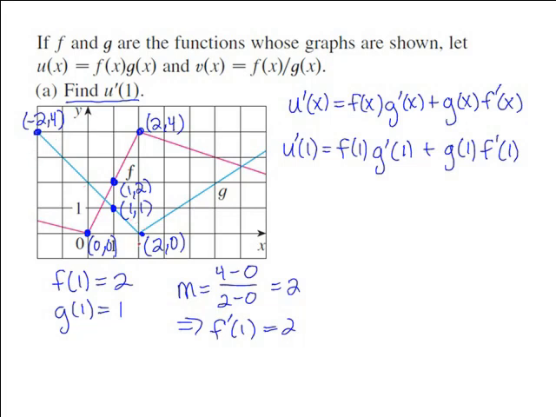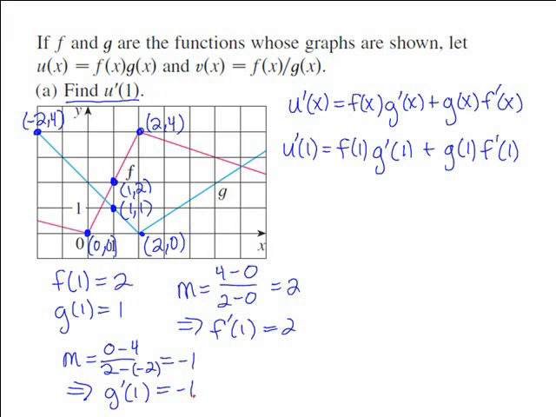The graph of g is simply a straight line there. And so we can say that the slope for g will be equal to 0 minus 4 divided by 2 minus negative 2. That works out to be equal to negative 1. And so that gives us that g prime of 1 is equal to negative 1.